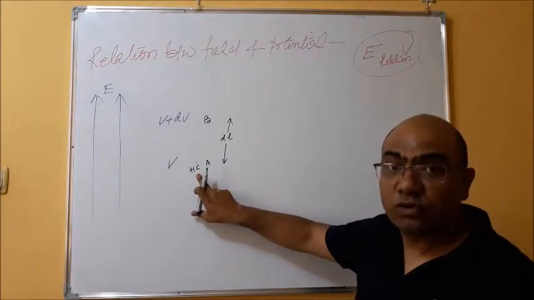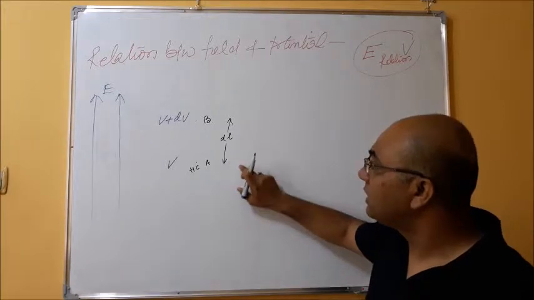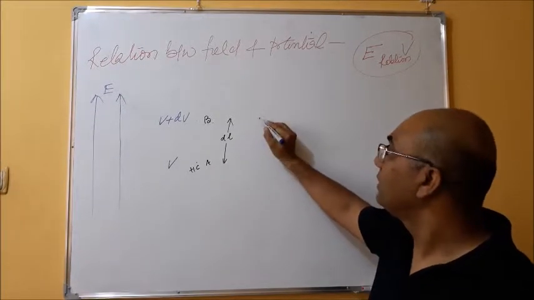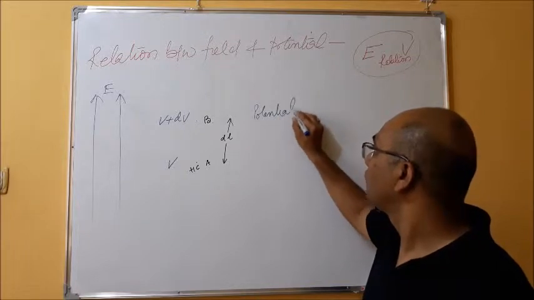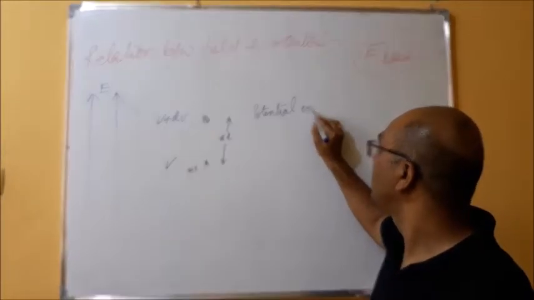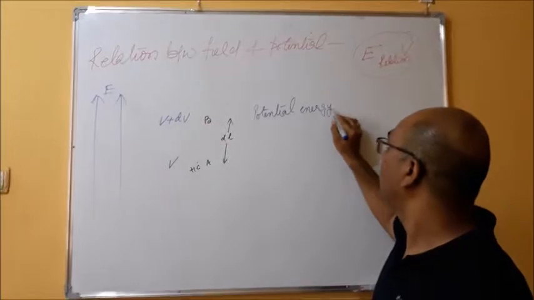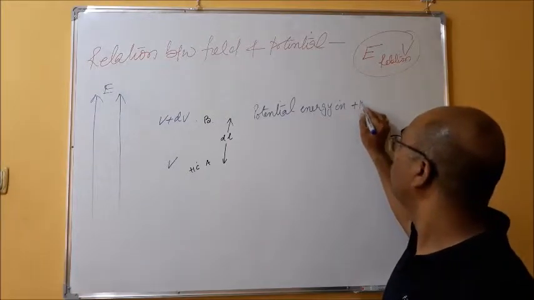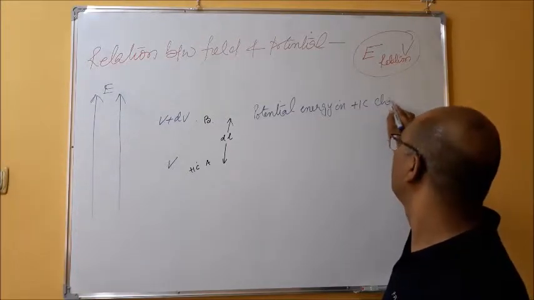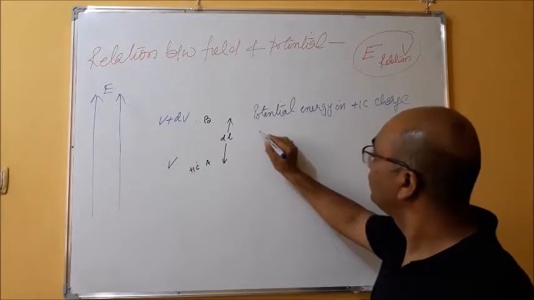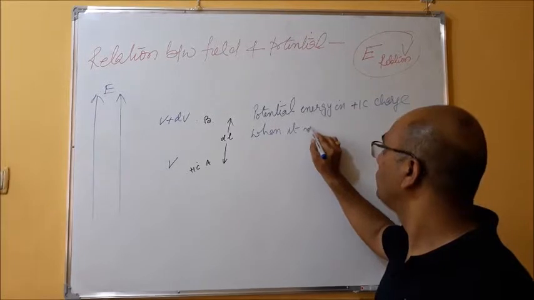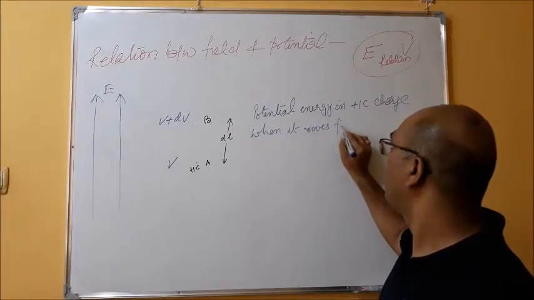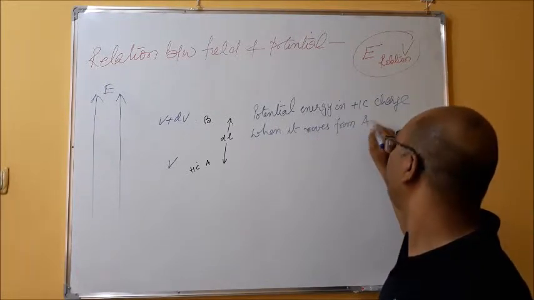Since plus 1 coulomb charge is moving, what is the potential energy in 1 coulomb charge when it moves from A to B?